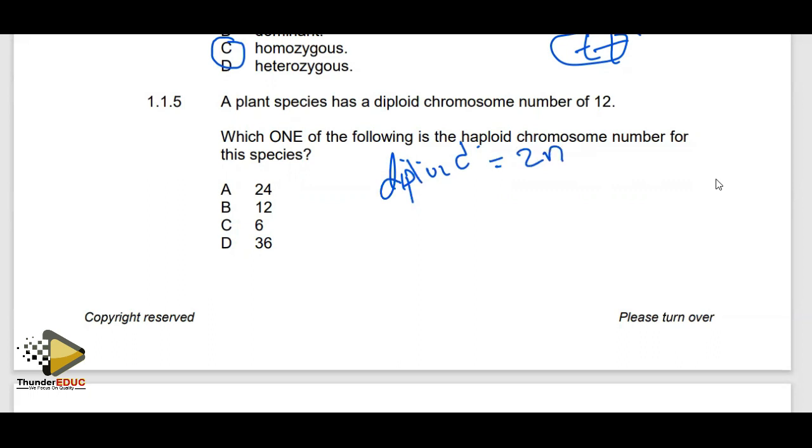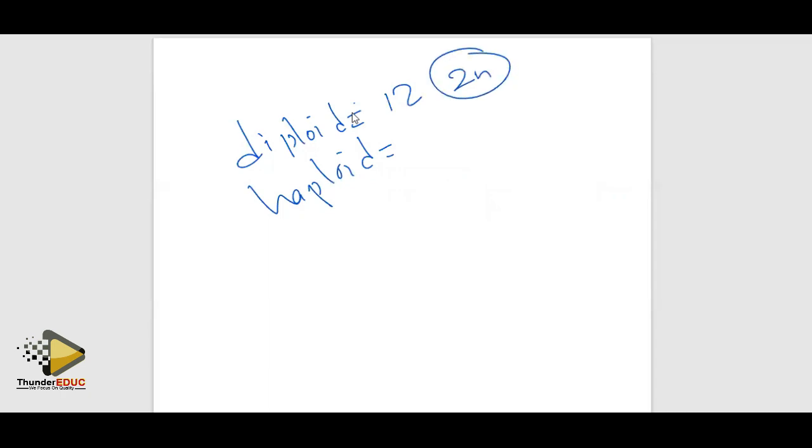That's why it's called 2 sets of chromosomes, 2n. Haploid means 1 set. If the diploid number is 12, this means 2 sets of chromosomes, and haploid means half. So half of 12 is 6. So 1n is going to be 6.